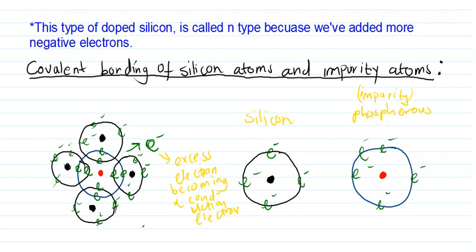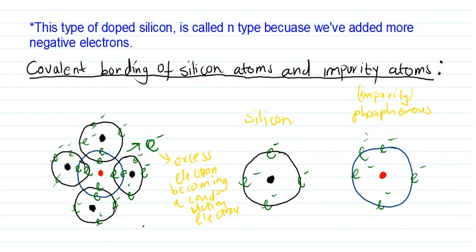So during bonding, if you know covalent bonding, where the bonding occurs between pairs of electrons, you should know this from your chemistry class. The 4 from the silicon and the 4 from the phosphorus will bond together, but let's pick this one.